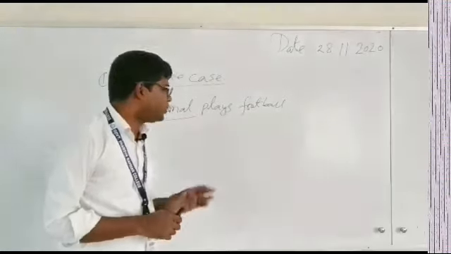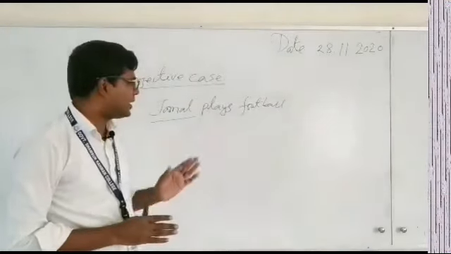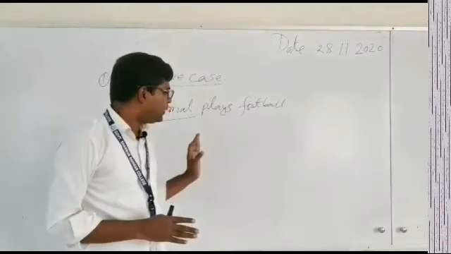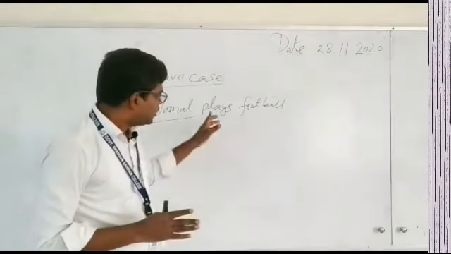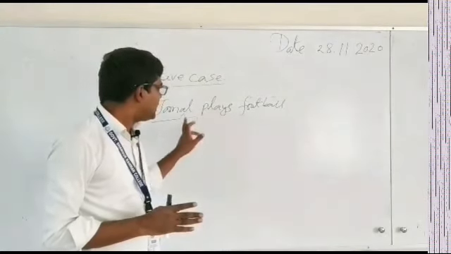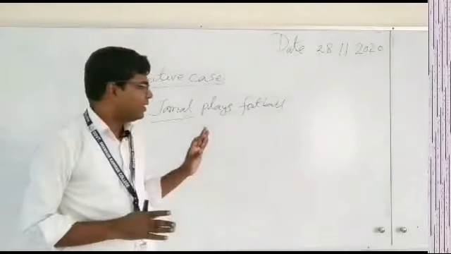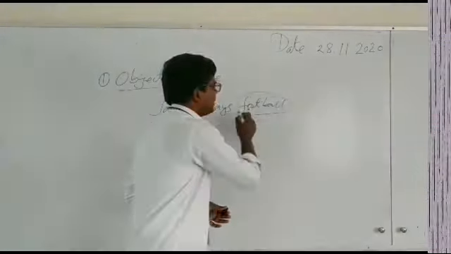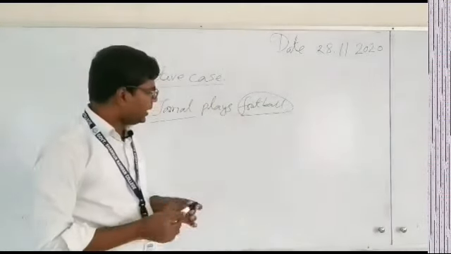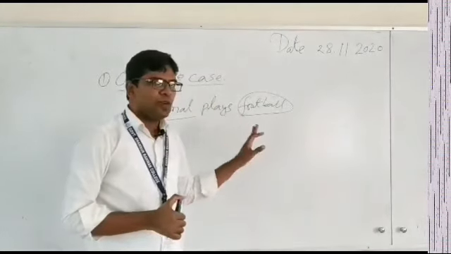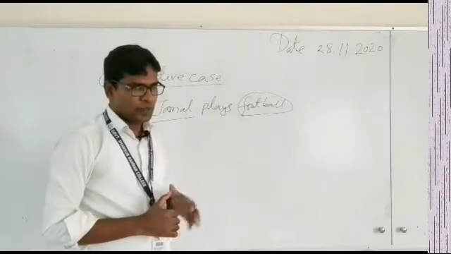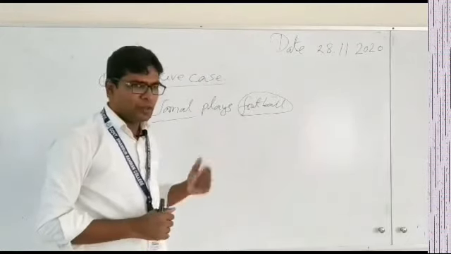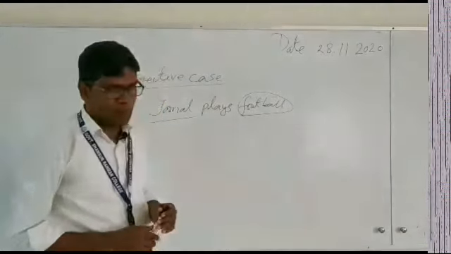It will be very clear to you if we analyze this example. Jamal plays football. If we ask the verb, what does Jamal play? The answer will be football. So here football is objective case. So nominative case and objective case are clear to you from this example.